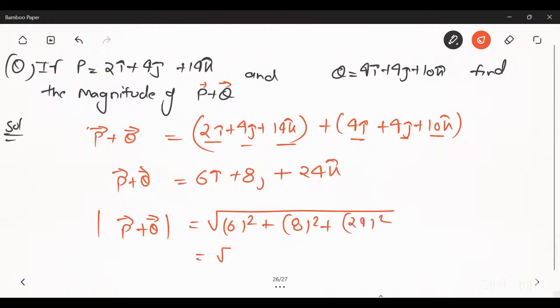So 6 square is 36, 8 square is 64, 24 square is 576. So overall, by solving, you will get 36 plus 64 is 100, plus 576 is 676. So 676 is the square of 26. So the magnitude of their resultant is 26. Okay.